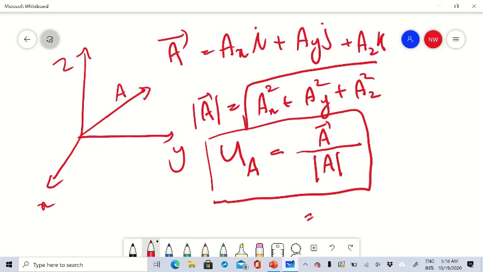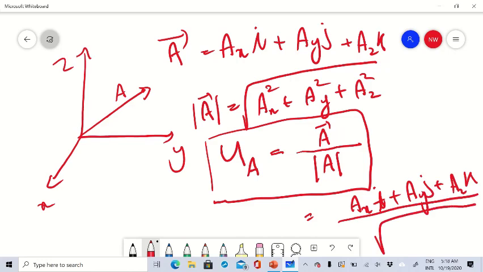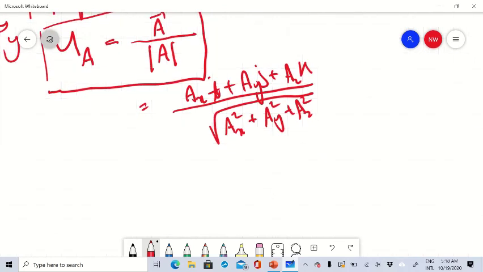So here, if we divide any vector, say A is a general vector, right? Divided by its magnitude, will it give the unit vector? Say A, we know it is Ax i plus Ay j plus Az k. Then we divide this by the magnitude of A, which is the square root of Ax squared plus Ay squared plus Az squared, right? So what is the magnitude of this one then?